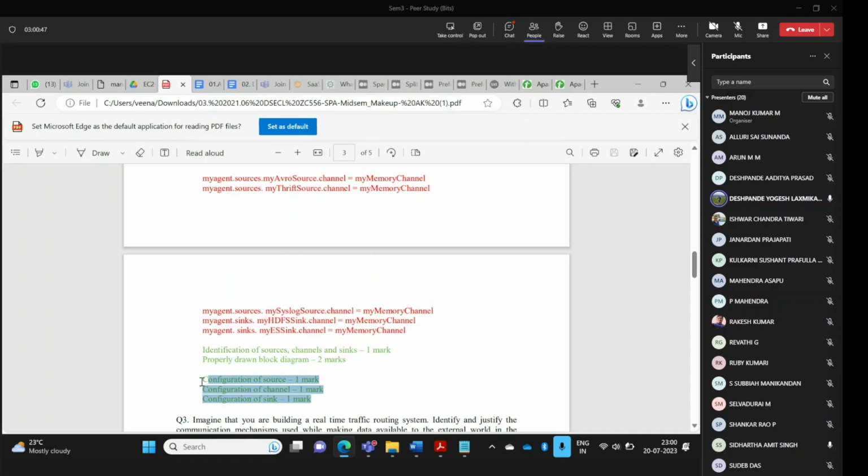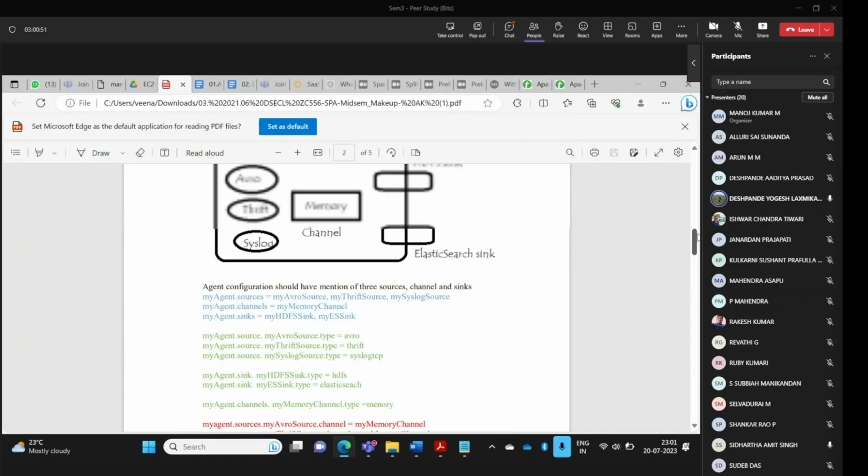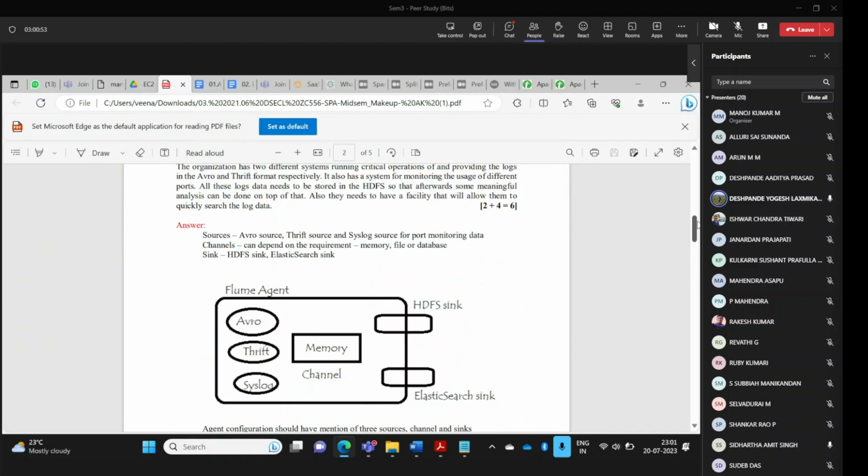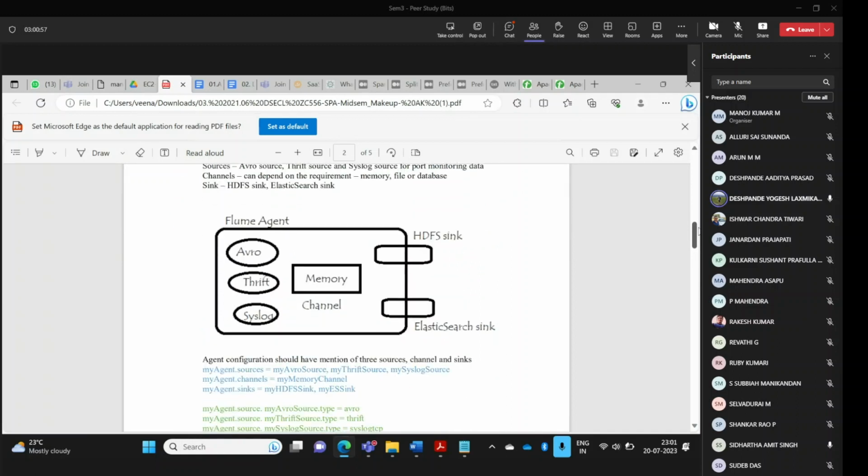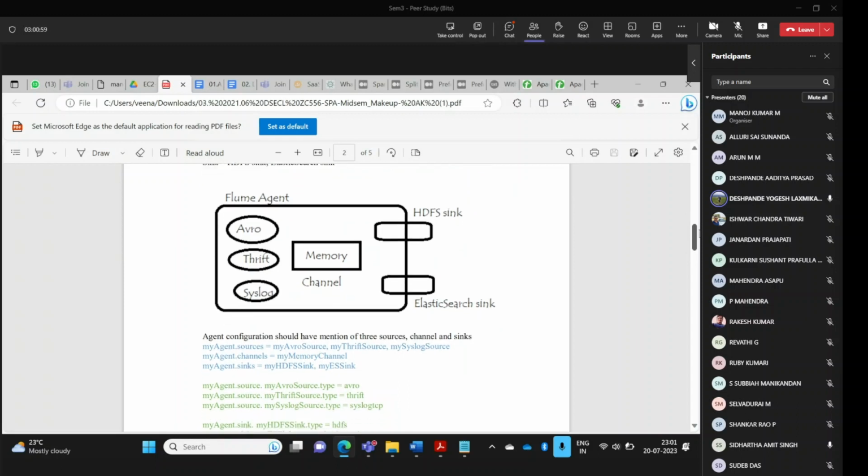I think it's a 6 mark question, maybe 2 plus 4. Probably we would explain each box in that diagram. I think the naming standard and all is fine. We can put any name. Source 1, source 2, source 3 should also work, I believe.